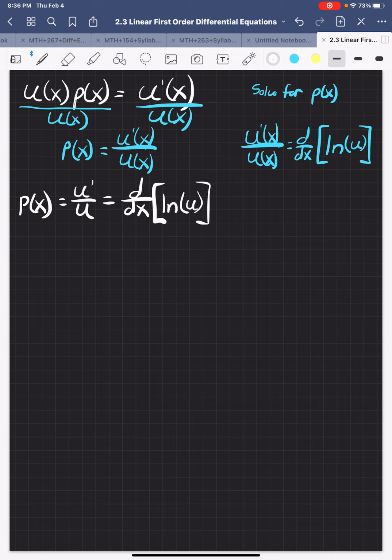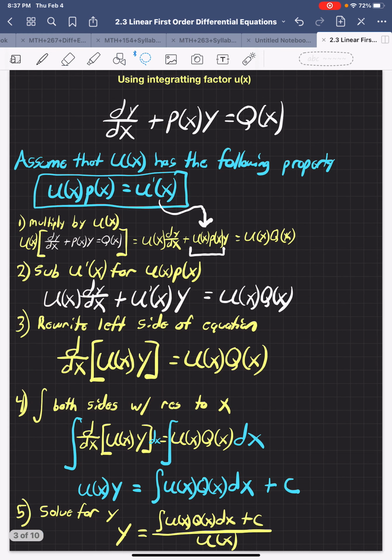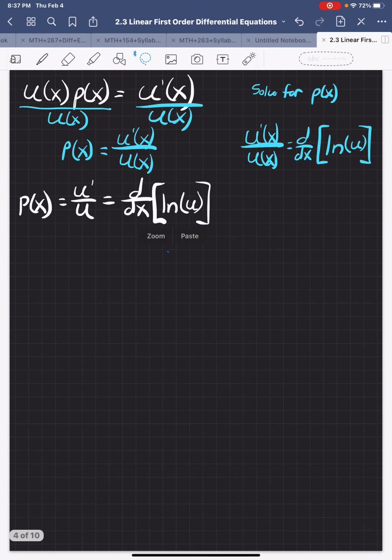So now let's see if we can figure out where that's going to take us. Let me go back a slide, and let's grab this differential equation and park it right here so we can see how this is going to work.